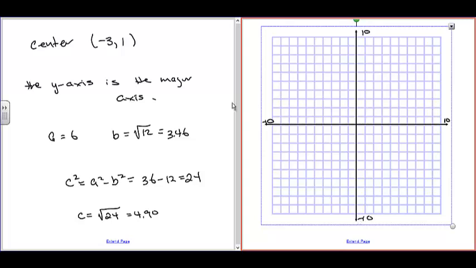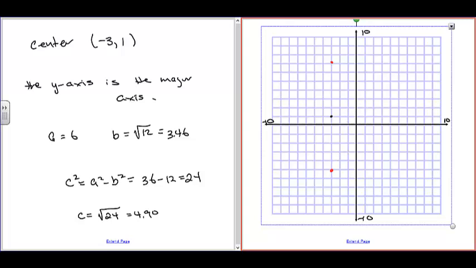And so let's plot the center. The center is at negative 3, 1: 1, 2, 3, positive 1, right there. Now in this case, the major axis is the y direction. So we go from the center and count up 6: 1, 2, 3, 4, 5, 6. Go down 6: 1, 2, 3, 4, 5, 6.